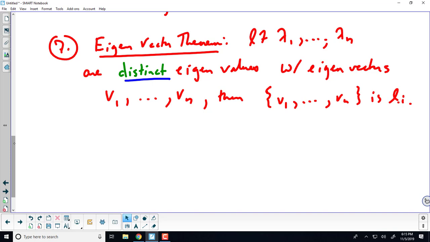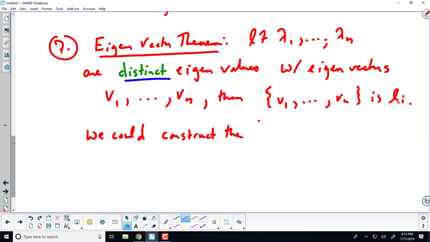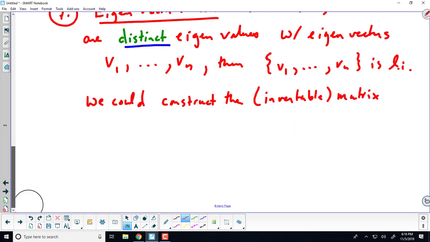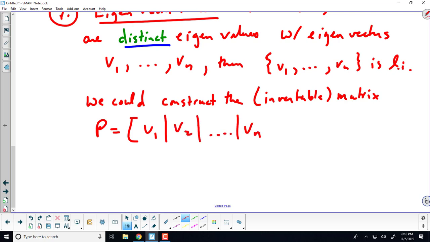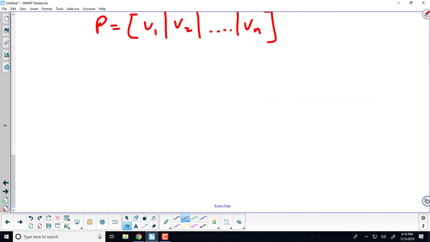All right. What else? Continuing off number 7, we could construct the invertible matrix, and I'm going to label it P equal to V1, V2, through Vn. The author doesn't give this a name, but I think it should have a name because we're going to use it.